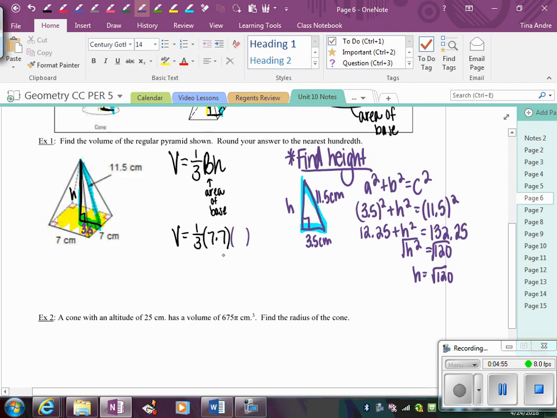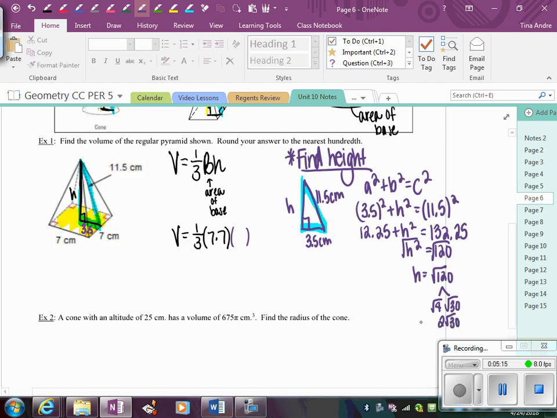So I would recommend just leaving it as the square root of 120, or if you want to break it down into simplest radical form, just to review that with you, I could divide this by 4. So square root of 4 times 30. So this would be 2 root 30.